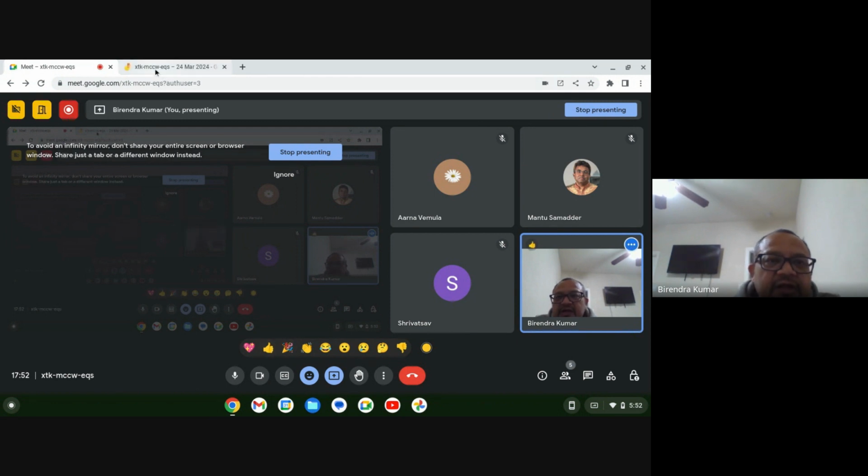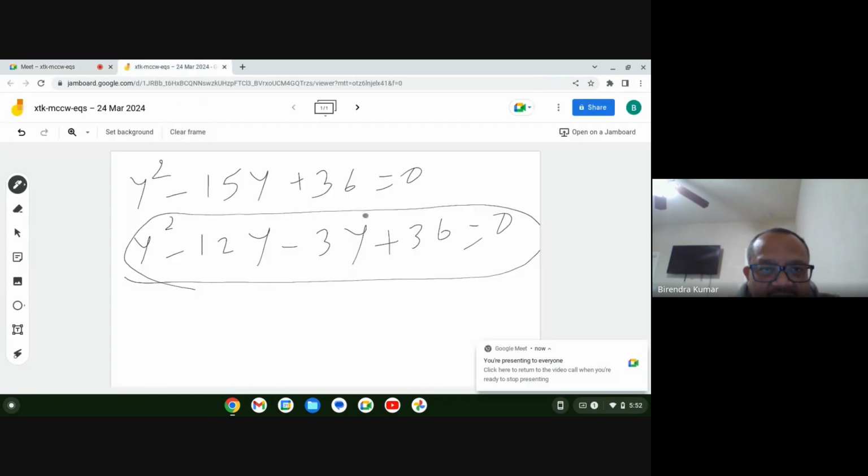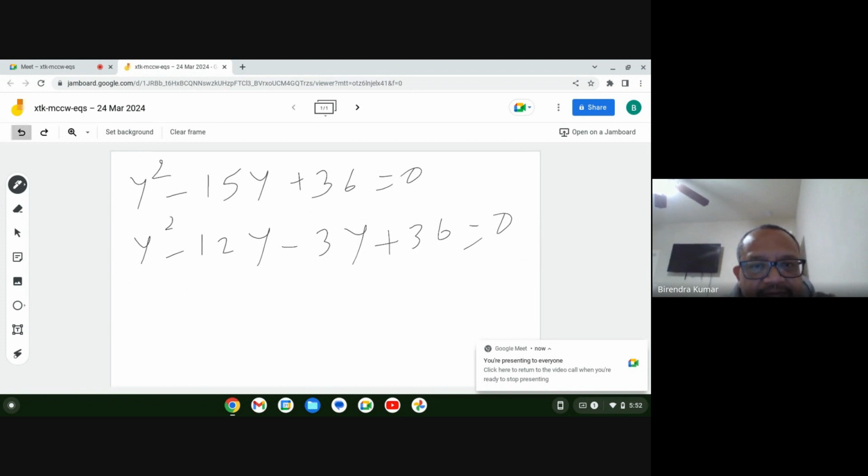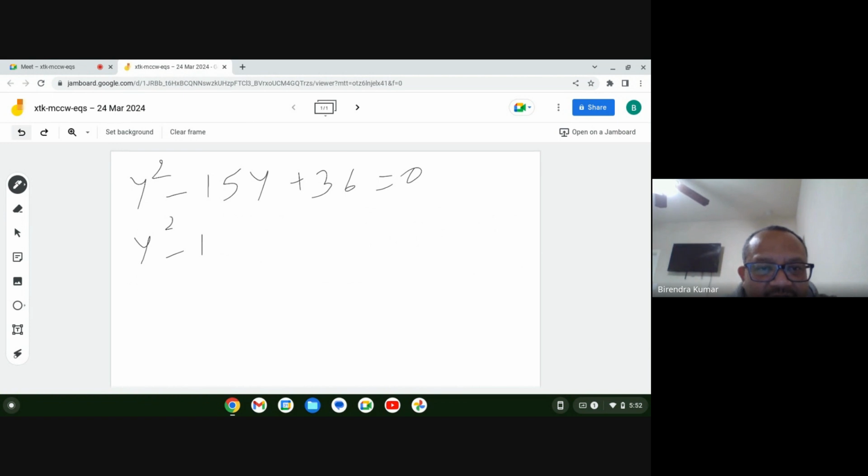But there is one more thing that I told a little while ago. I will reiterate that. Whether it's 12 or 5 or whatever is the split, I will always use this number to find that split. Like I was saying, look at the constant, the last number.